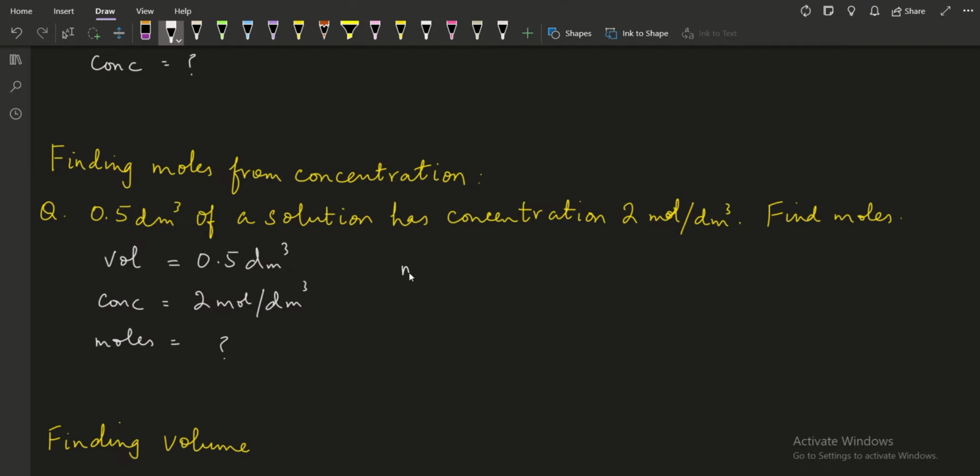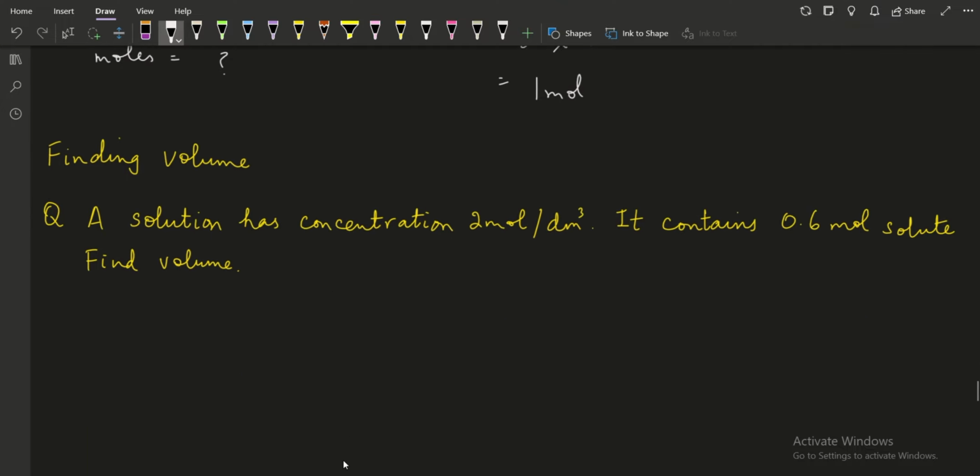So what is the formula to find out moles? Moles is equal to concentration multiplied by volume. Concentration is 2 moles per cubic decimeter and volume is 0.5. So our answer is 1 mole.